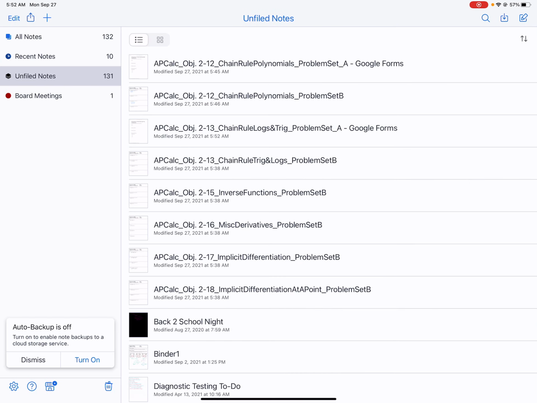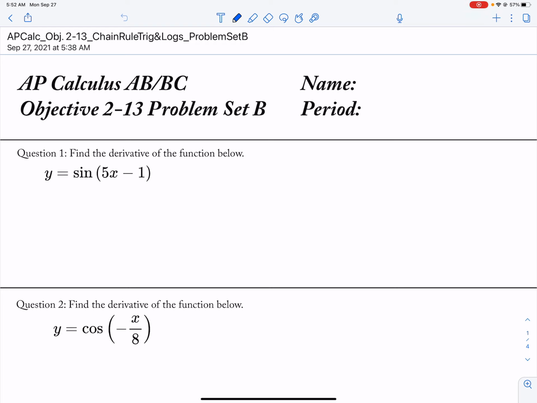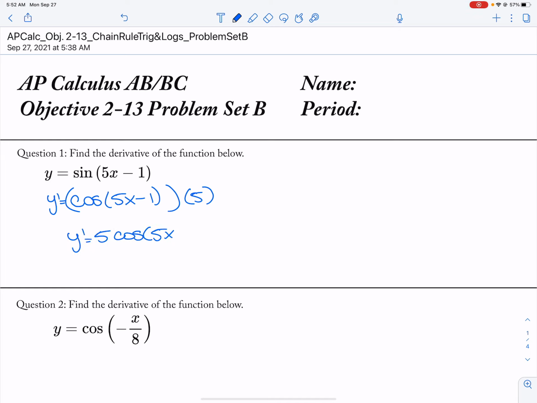Okay, 7, no question. 8 or 9, so we'll move right along to this one. For y prime, the outside is sine, so the derivative of sine is cosine of 5x minus 1, times the derivative of the inside, which is 5. So y prime is 5 cosine of 5x minus 1.